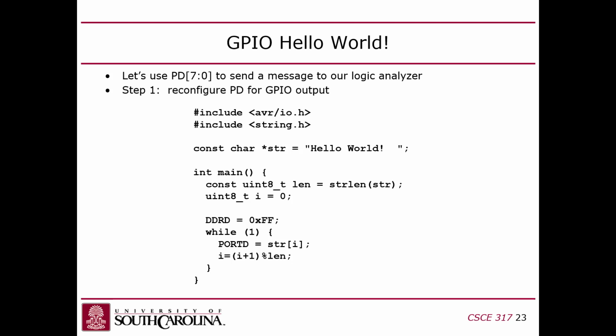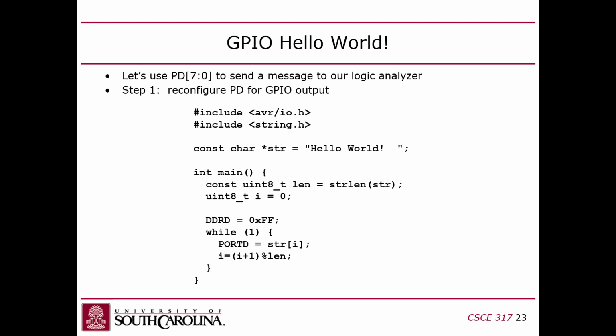And in there I declare a uint8_t len, and it's storing the length of the string. You see that? So it's a constant, meaning that it can't be changed once it's set.